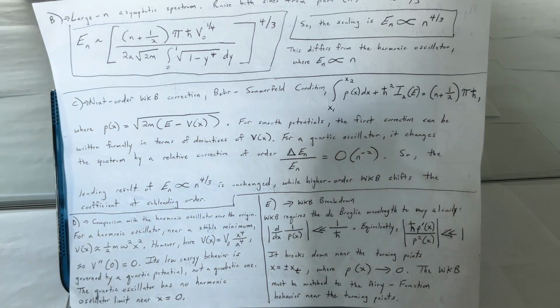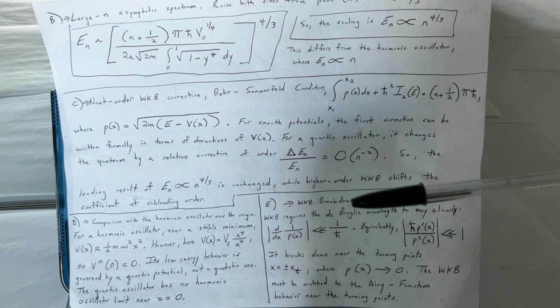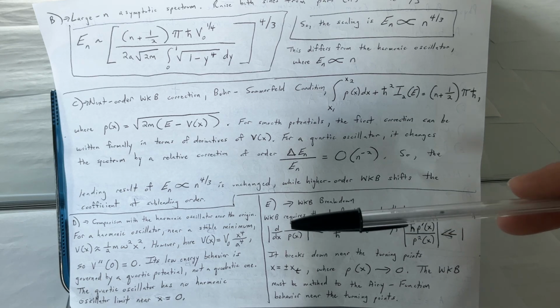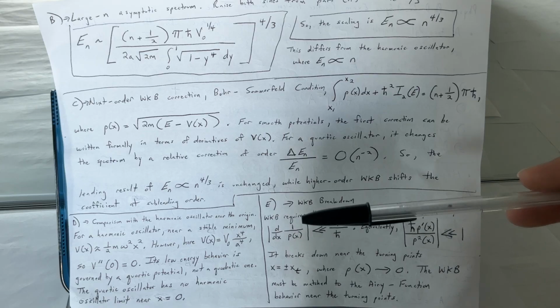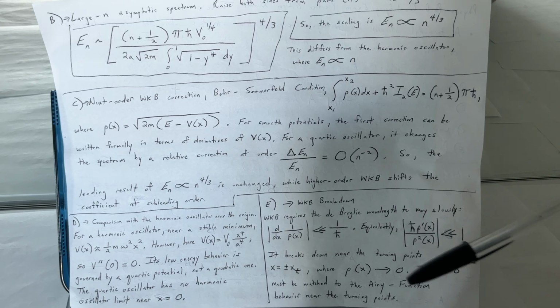And part E, what they want us to do is determine under what conditions the WKB approximation breaks down. So here, WKB breakdown. WKB requires the de Broglie wavelength to vary slowly. We have here the absolute value of d/dx of 1 over p of x is much less than 1 over h bar.